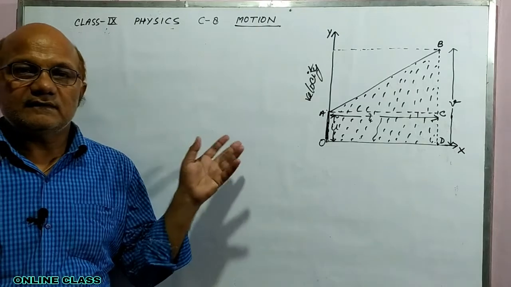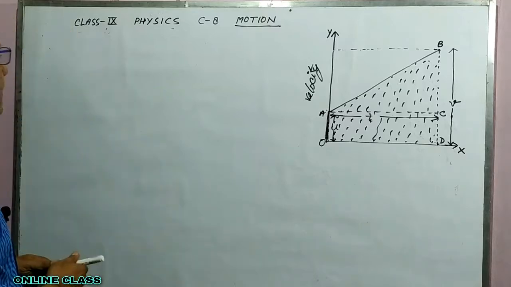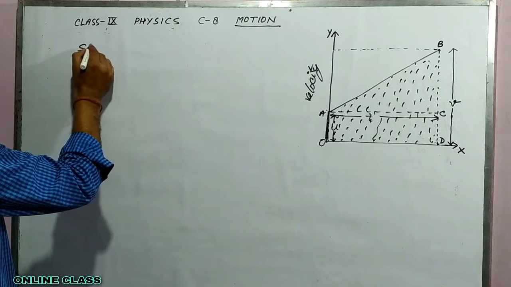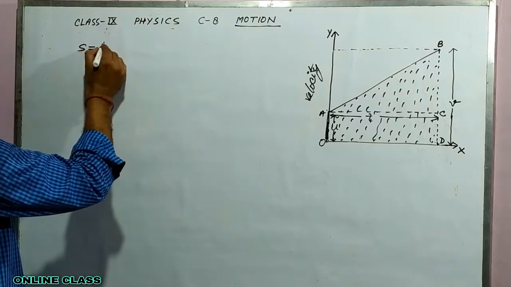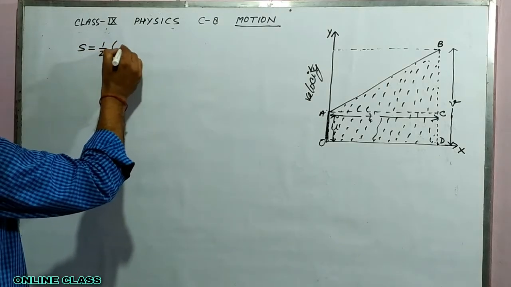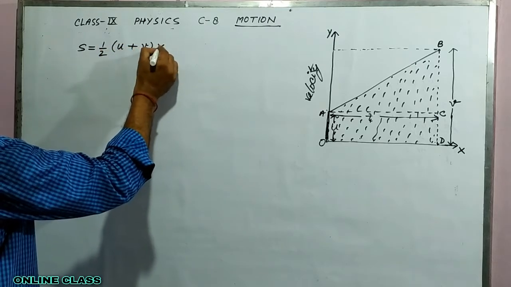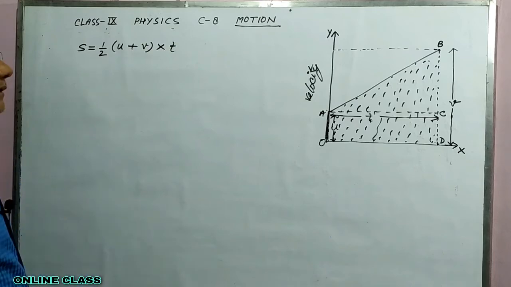Now let us start from the last step, that is S equal to half u plus v into t. Okay.